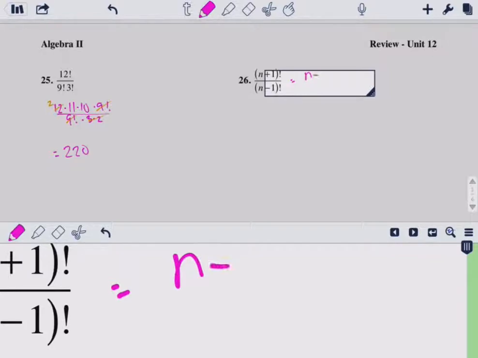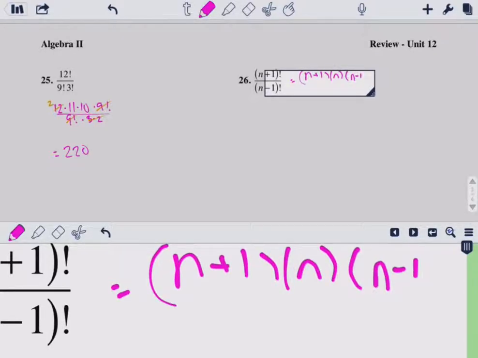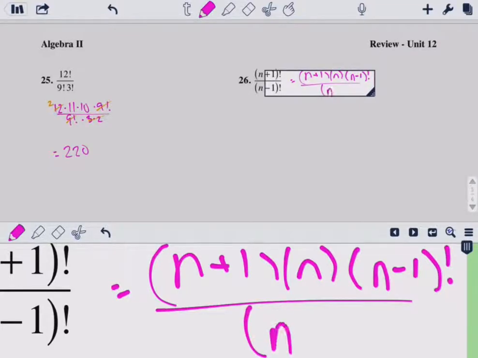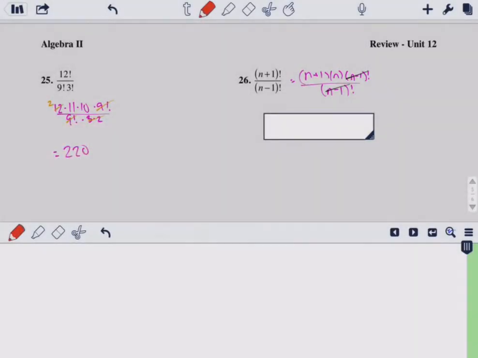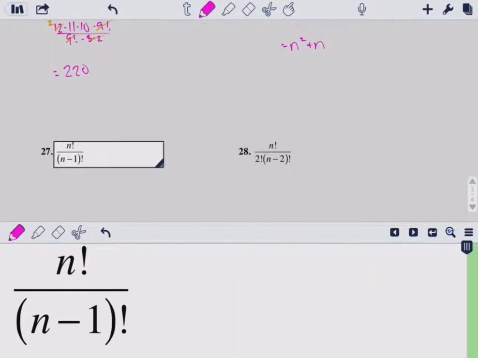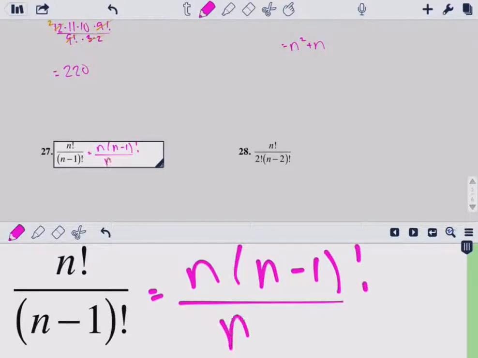That's equal to n plus 1 times n minus 1 factorial over n minus 1 factorial. So n minus 1 factorials cancel. Distribute the n, and I get n squared plus n. Same type thing here. That's n times n minus 1 factorial over n minus 1 factorial.